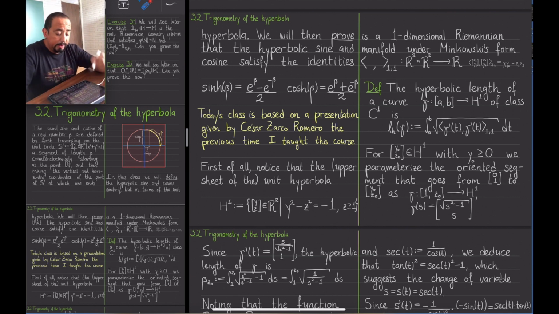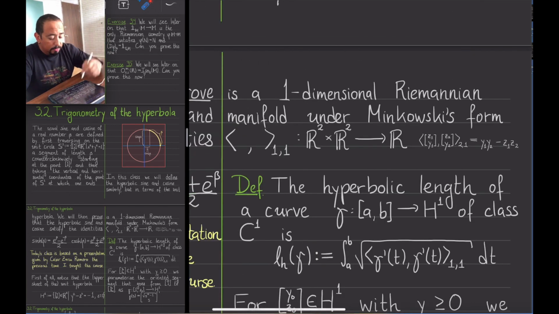Okay, so the first thing is precisely by what we saw last class, that for the upper sheet of the hyperboloid, Minkowski's form is a Riemannian metric. Well, here as well, Minkowski's form, which in this case is one dimension lower, so it's Minkowski's form (1,1), given by this formula.